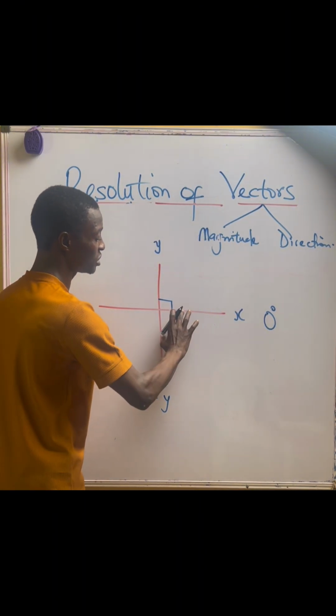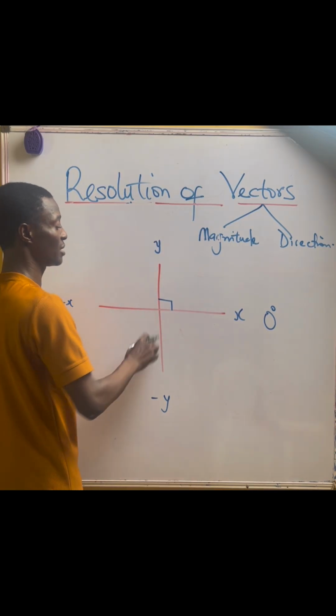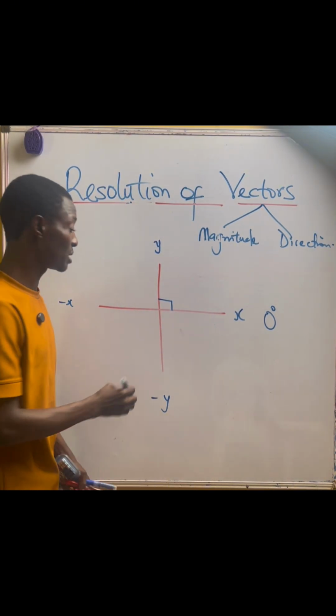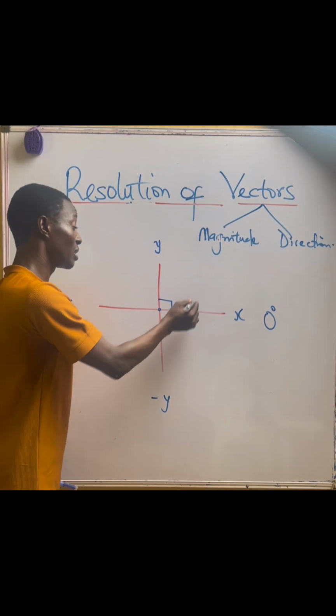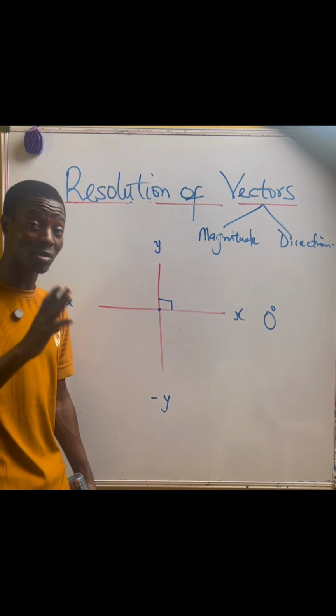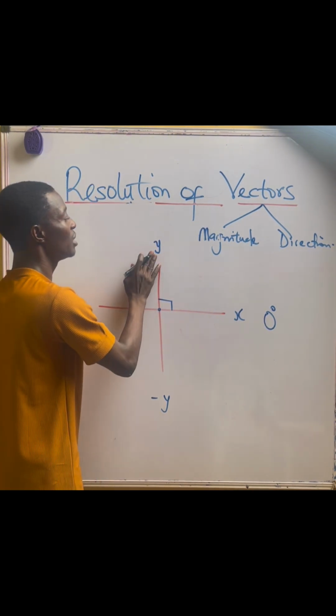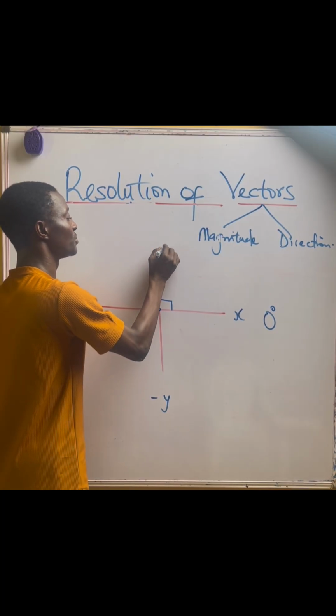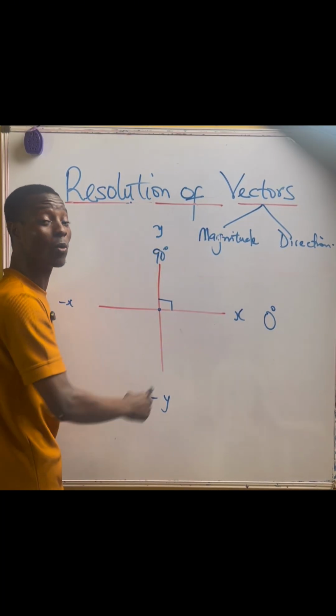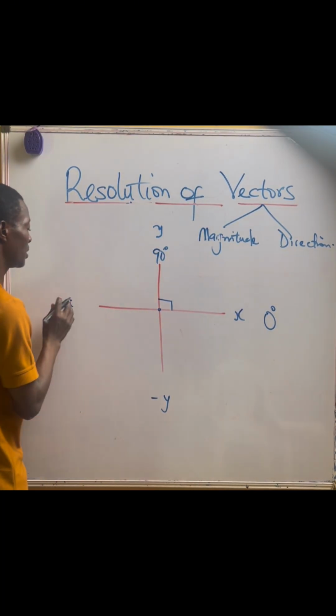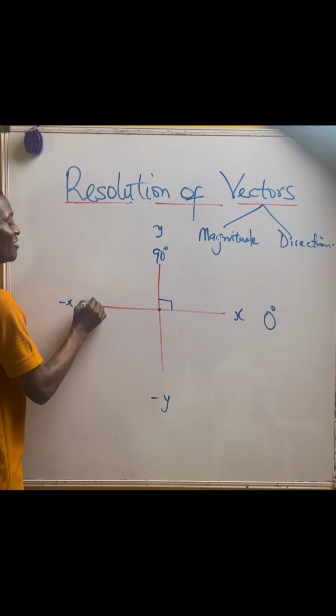So for each box we have 90, 90, 90, which makes it 360. There is a point here, and the angle at the point is equal to 360. So from 0 to this place, it would be 90 degrees. This still remains your y-axis. Now from here to this place will be your 270 degrees.